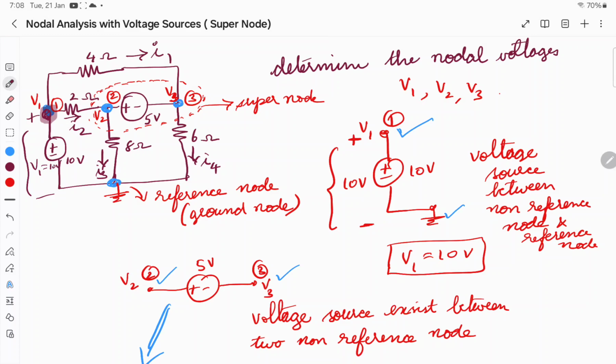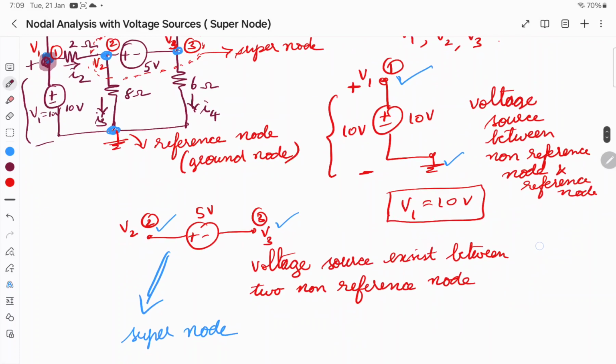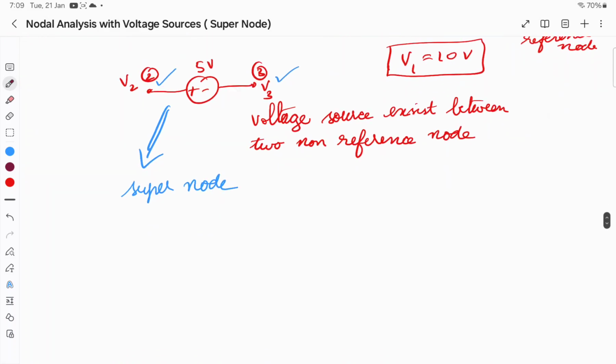Then we apply Kirchhoff's current law at the supernode. What is the other node? The other nodes are node 2 and node 3, which together can be said to be the supernode.